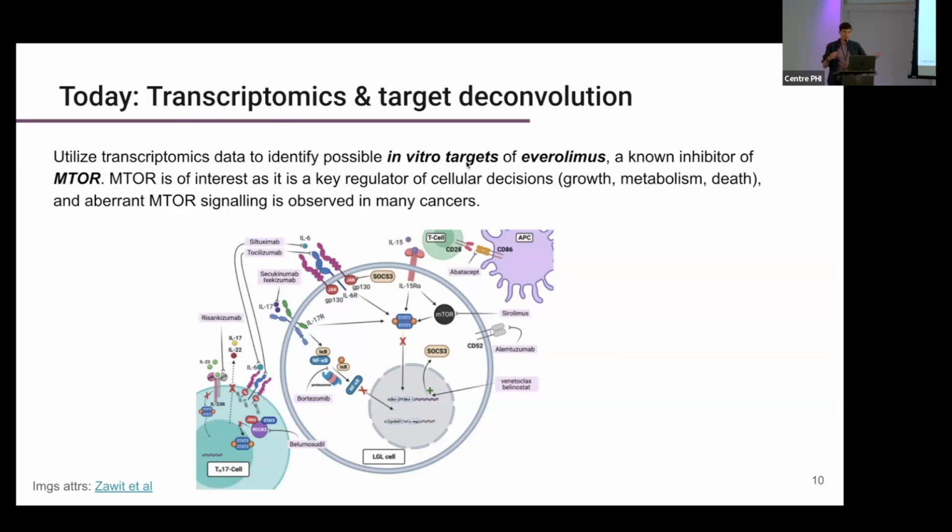So maybe not in a full human, but at least in human cells in a petri dish, what other proteins are likely targets of this drug. By the way, everolimus is a known inhibitor of mTOR, which is a key regulator for growth, metabolism, and death of cells, and has a lot of aberrant signaling in various types of cancer.